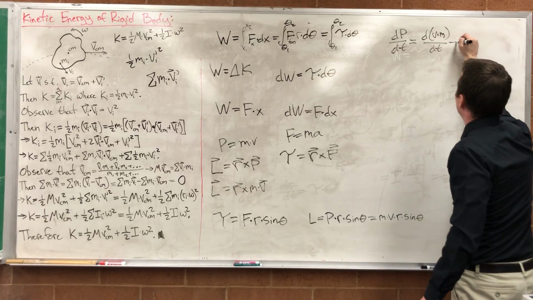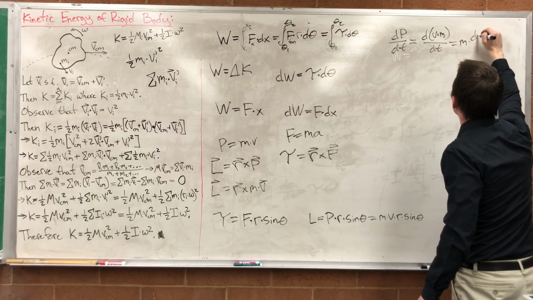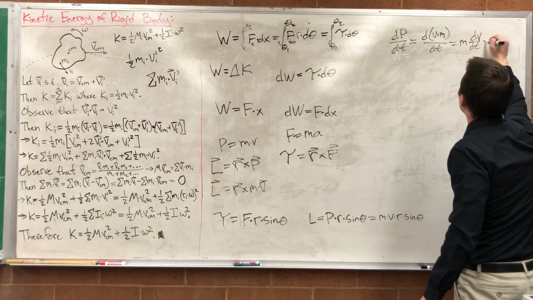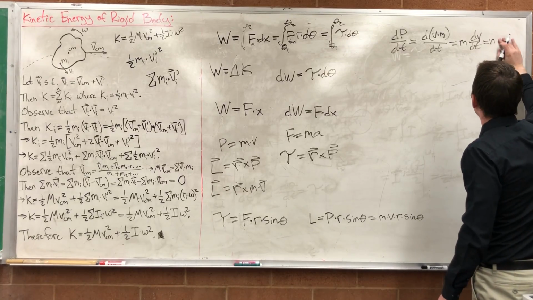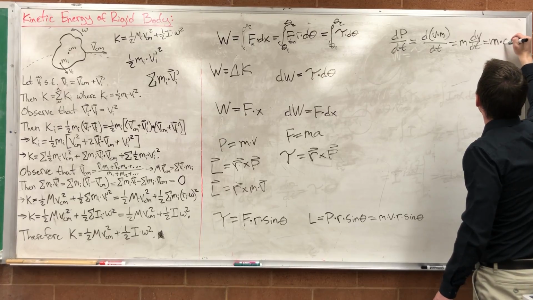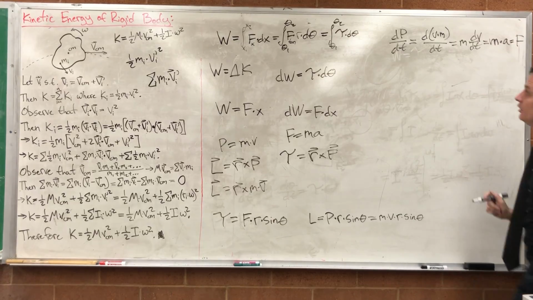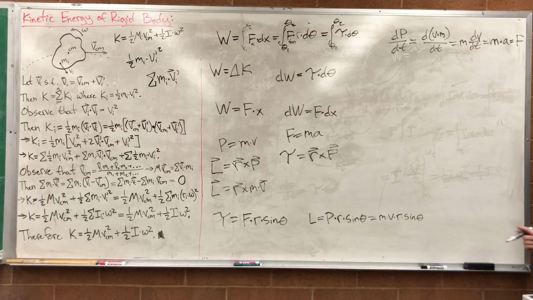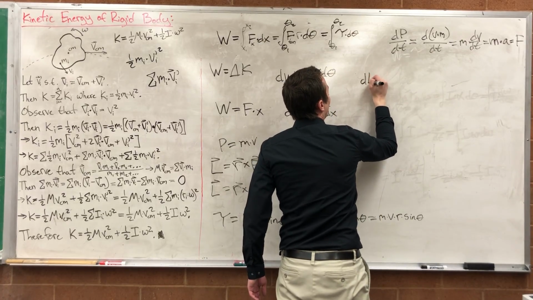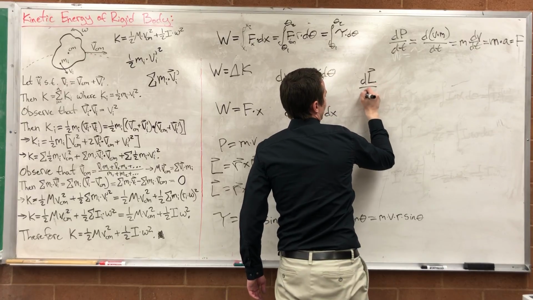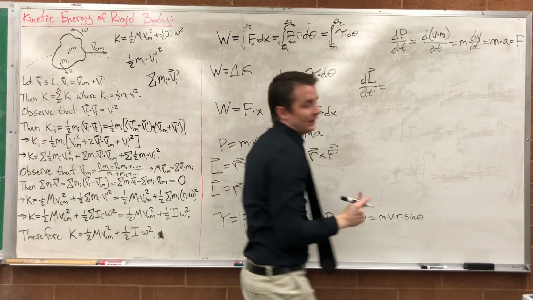Mass is just a constant, pull that out, so we get m times dv/dt, which is mass times acceleration, or in other words, it's equal to force. So the derivative of momentum gave you force. What do we hope the derivative of our angular momentum with respect to time gives us? Your torque. We hope that gives us torque.